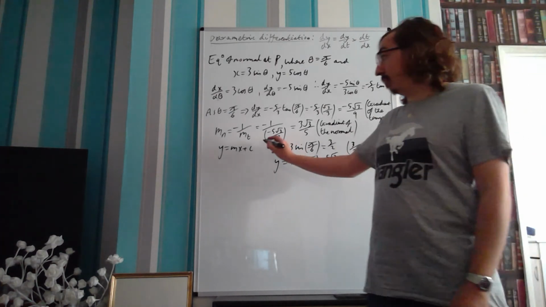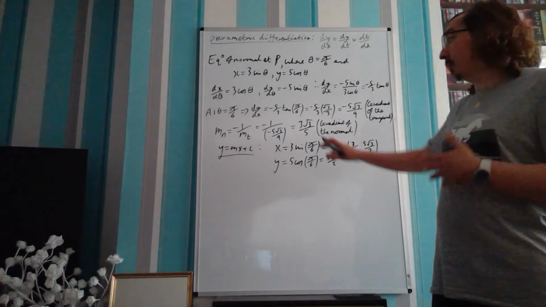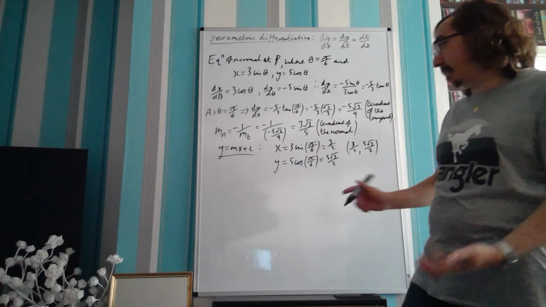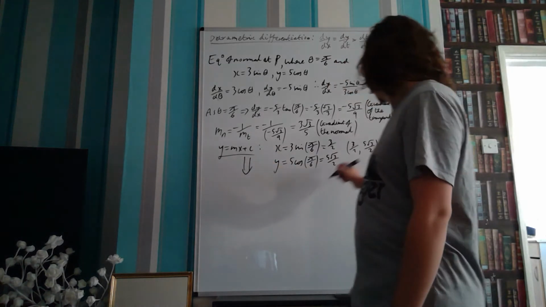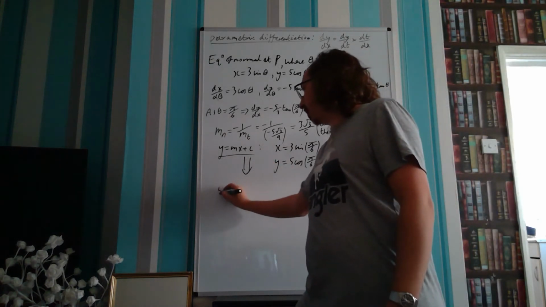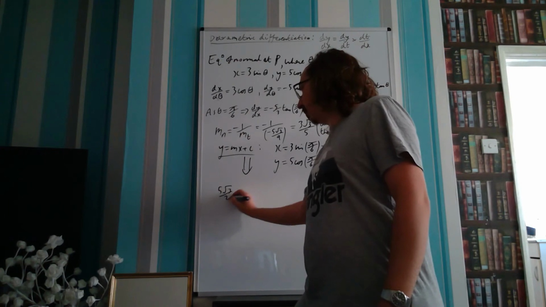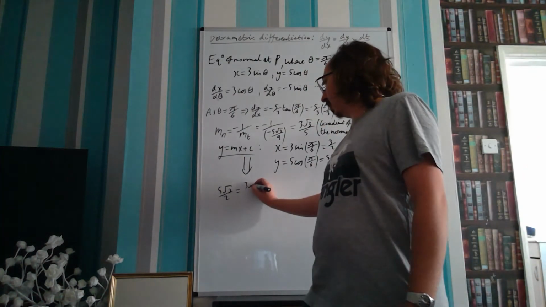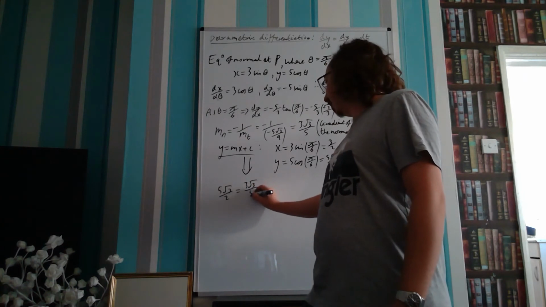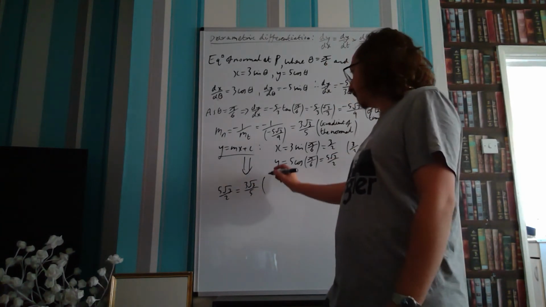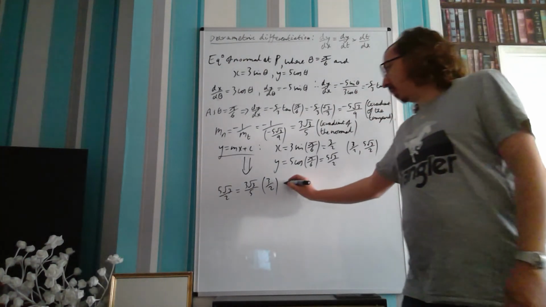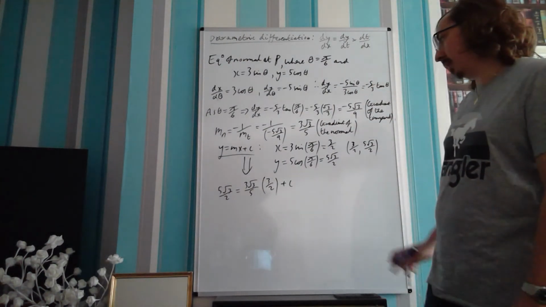We've got our general form of a straight line. We have our gradient. So all we need to do now is substitute in. So we've got our y value, which is 5 root 3 over 2, is equal to our m, which is 3 root 3 over 5, times our x value, which is 3 over 2, plus c.